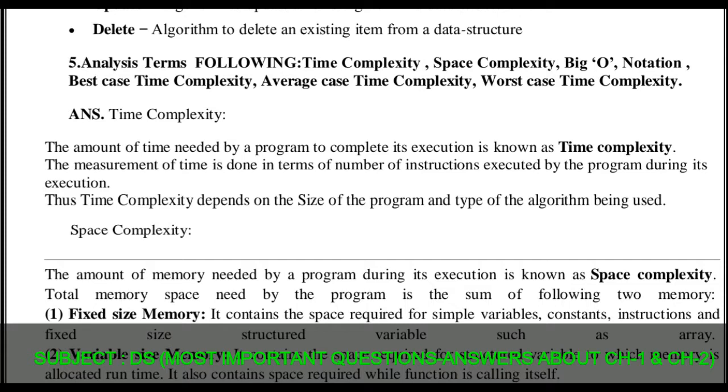The amount of time needed by a program to complete its execution is known as time complexity. The measurement of time is done in terms of the number of instructions executed by the program during its execution. Thus, the time complexity depends on the size of the program and the type of algorithm being used.